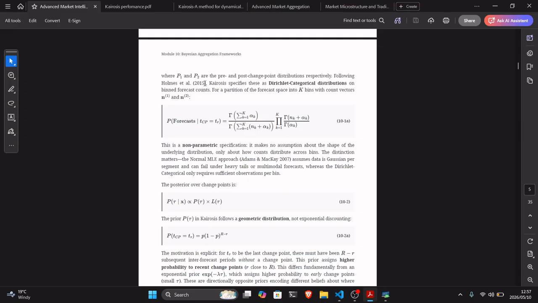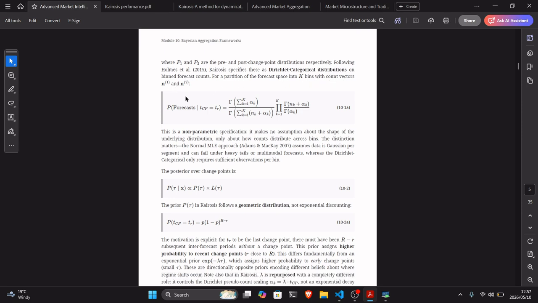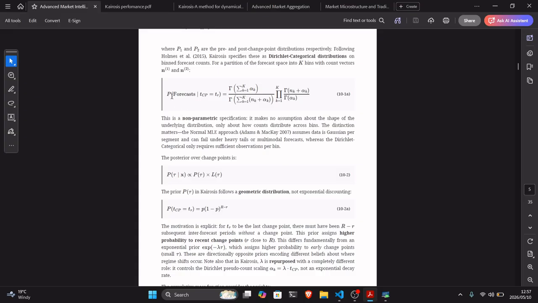Following Holmes of 2025, kairosis specifies these as Dirichlet categorical distributions on binned forecast counts. For a partition of the forecast space into k bins with count vectors n_1 and n_2, here's our expression. The probability of the forecast assuming t_cp equals t_r equals the gamma function. The gamma function is a special analytical function.